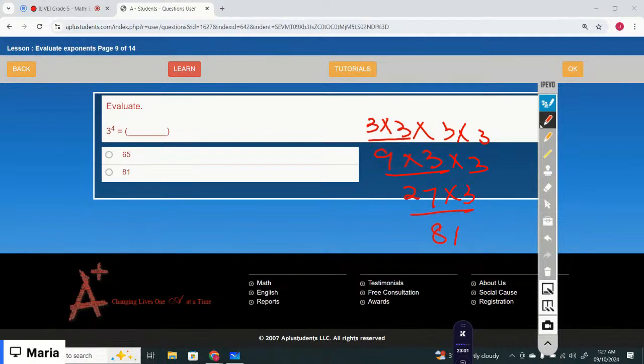And then 27 times 3 is 81. So the correct option is 81. Option number 2 is the correct option.